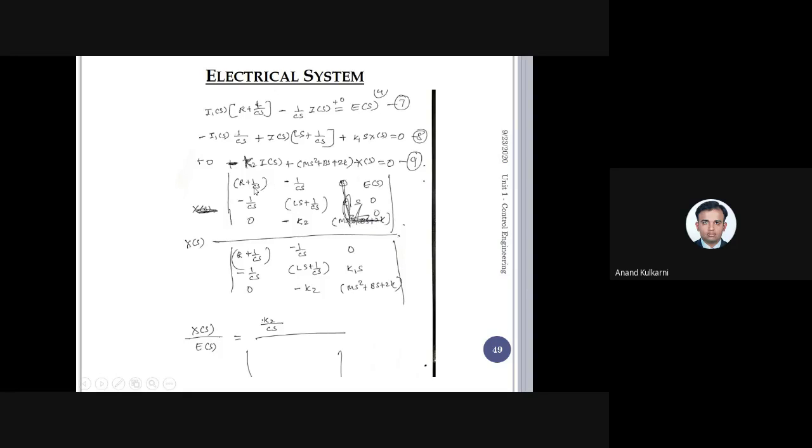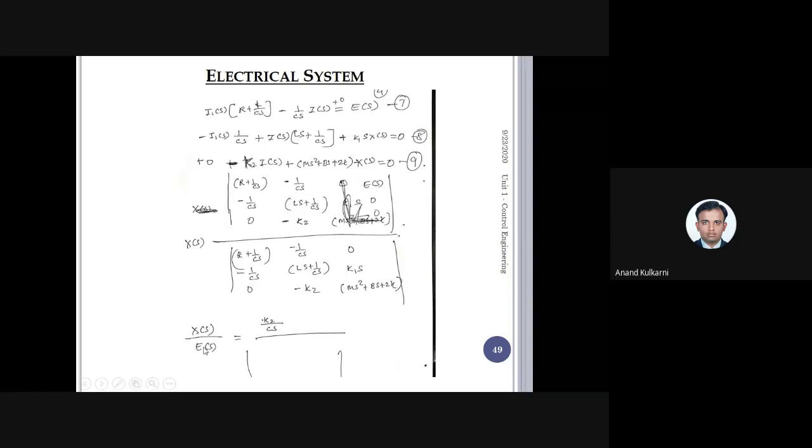Then the third one is this one, if you take E of S into this multiplied by this minus this multiplied by this. So this becomes minus of minus plus K2 upon cs, because this multiplied by this is 0. So E into K2 upon cs is the numerator.